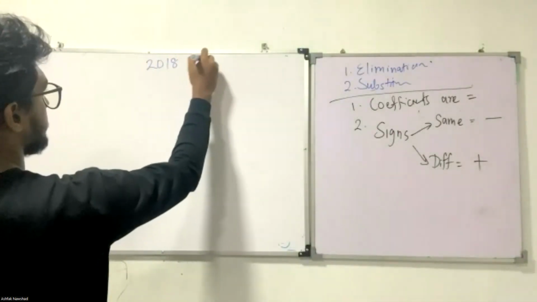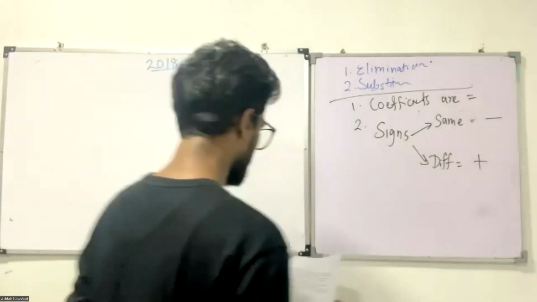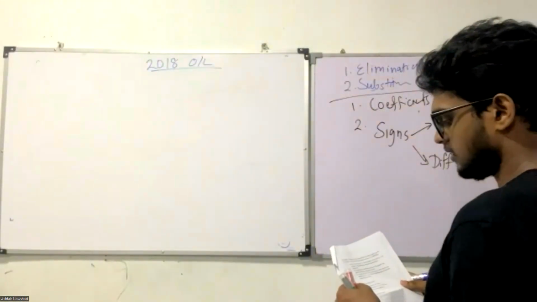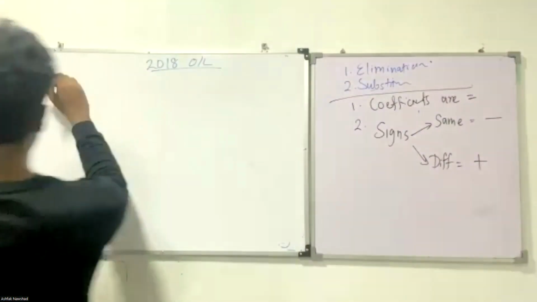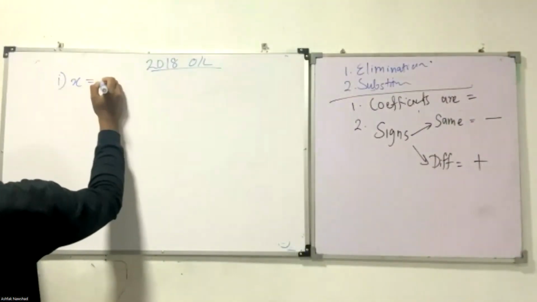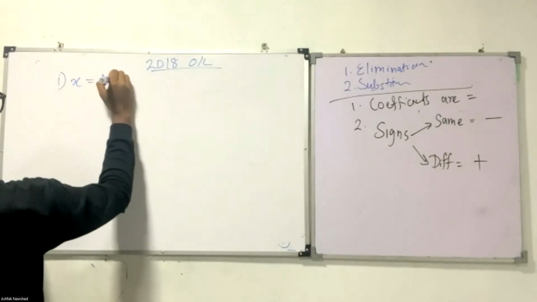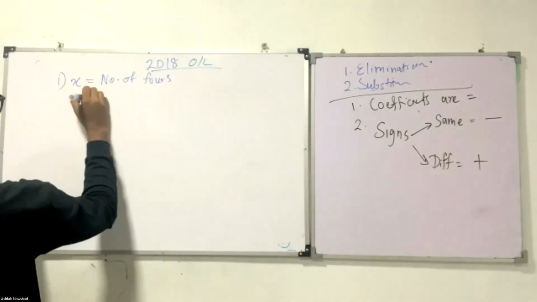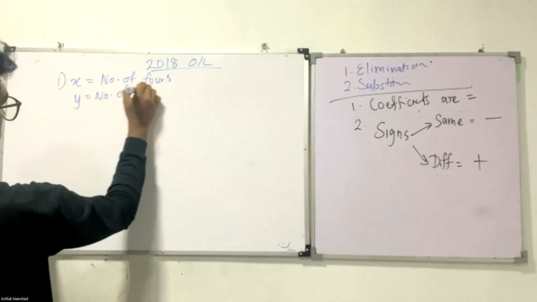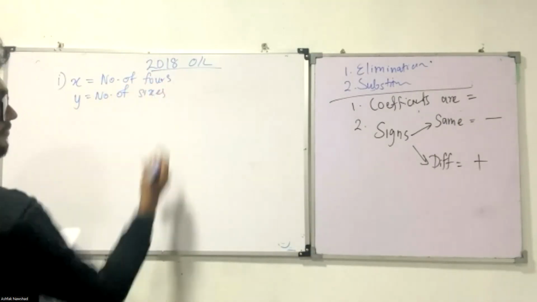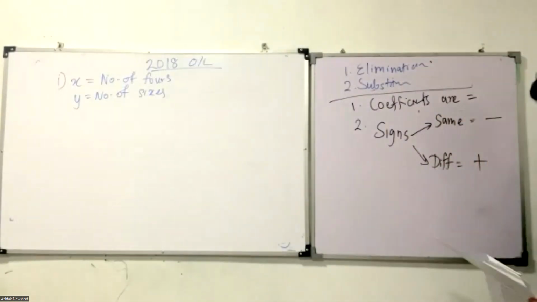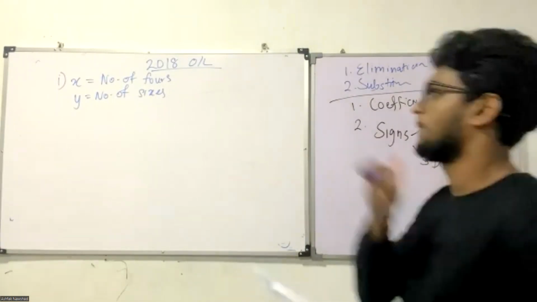This is about a cricket match. Before looking at the question, let's go to Roman number 1. They say x is the number of fours and y is the number of sixes hit by the winning team. Now let's read. The number of fours and sixes was 38.